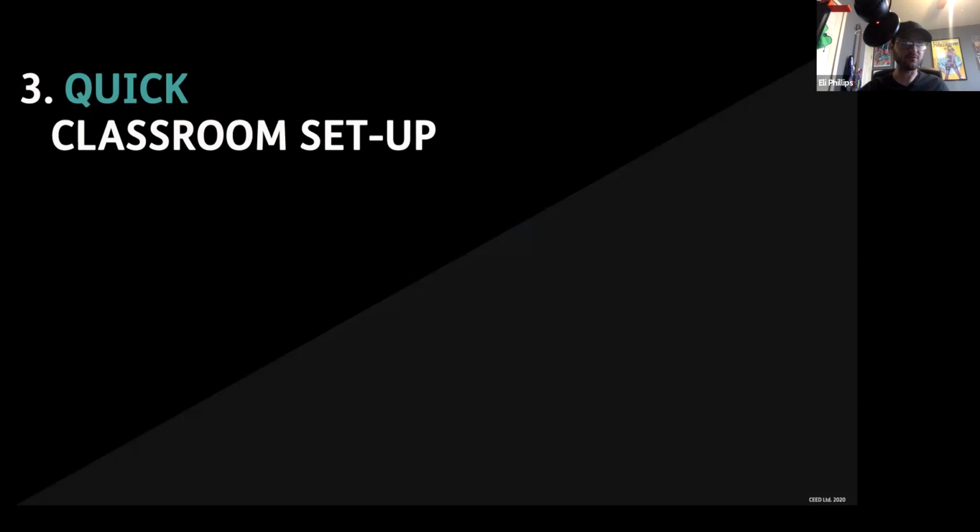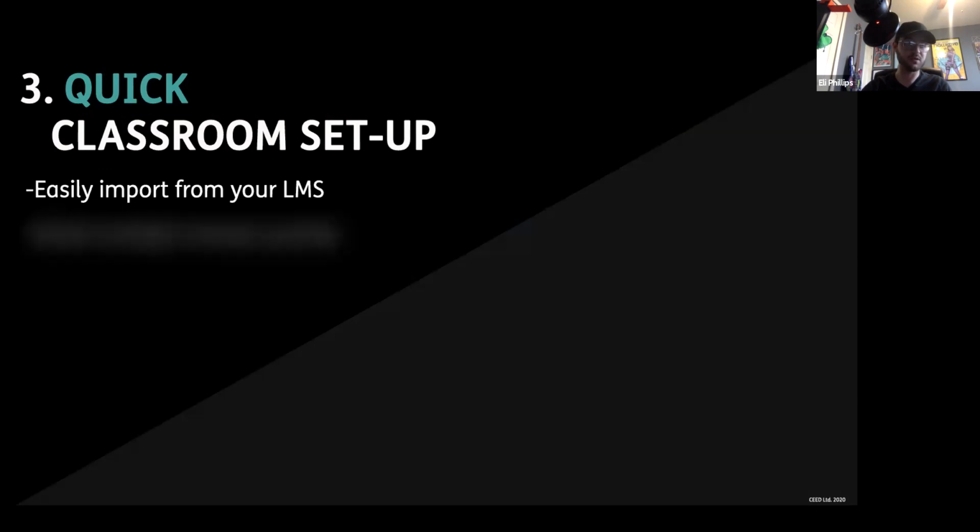The third way that Further can help you teach computer science and STEM is just in how easy it is to set up and manage your classrooms, students, and assignments. You can easily import from your LMS. So currently we have access to Google Classroom and Clever with just a couple of clicks. You can build multiple classes very quickly.